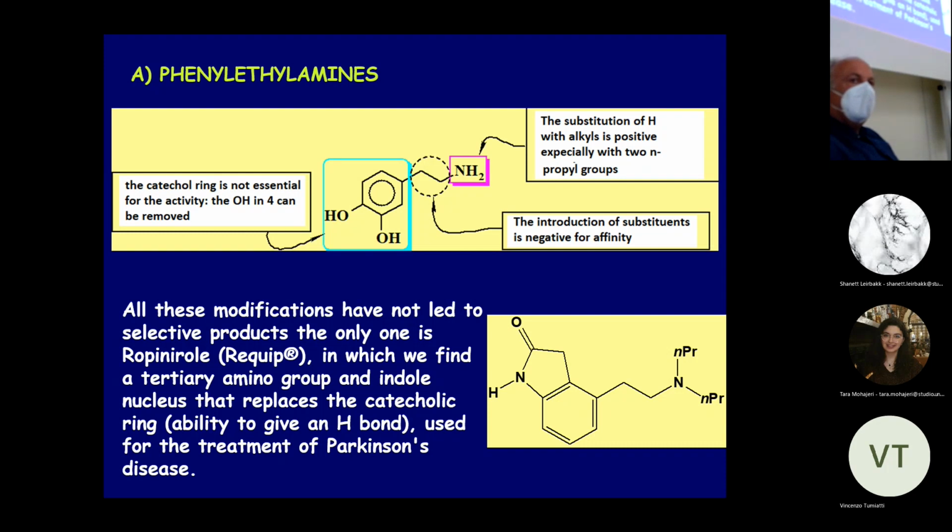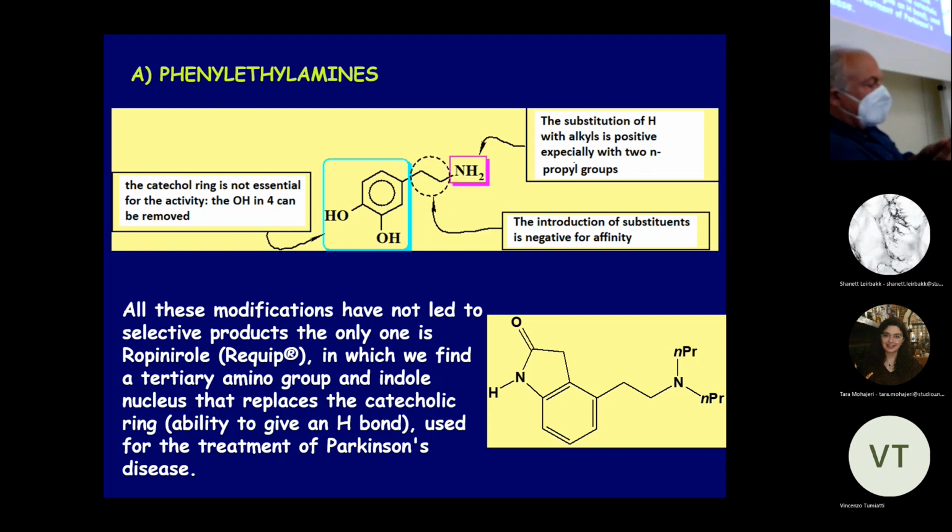This means in this way we can increase the lipophilicity of dopamine. And this molecule substituted with the two normal propyl groups is able to cross the blood-brain barrier, despite the basicity of the amino group, because in this case there is an increase in lipophilicity.